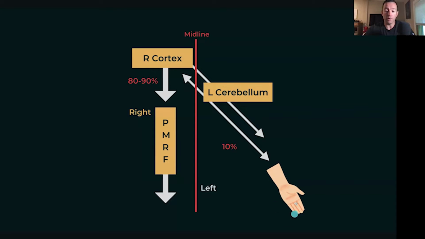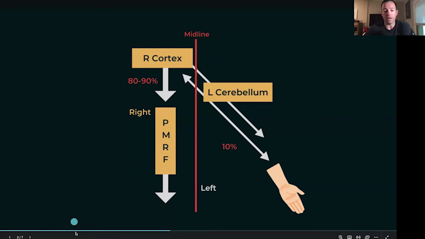Perhaps it's a cerebellar deficit, or it could be a cortical deficit, but either way, the PMRF will be affected because this entire loop is being affected by that deficit. So keep that in mind too.